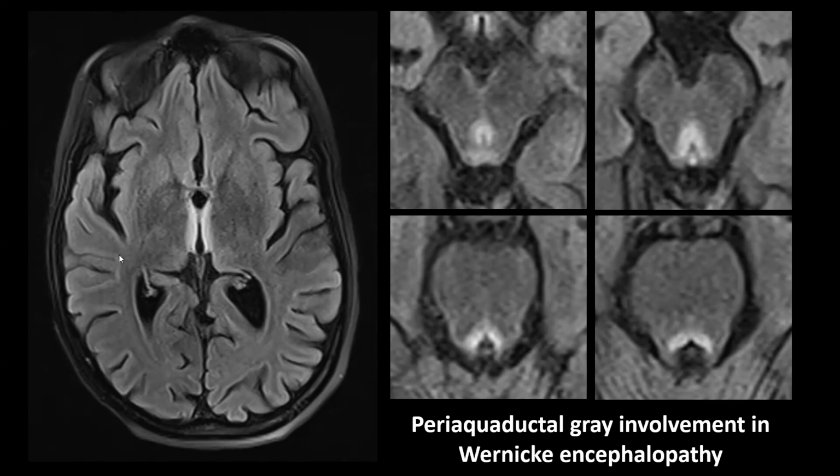Wernicke encephalopathy is, as you know, a toxic metabolic disorder caused by a vitamin deficiency, a thiamine deficiency, vitamin B1, and it's typically seen in alcoholics who then present with acute confusion, ataxia, nystagmus as the main symptoms, and these patients typically have areas of edema medially in the thalamus and hypothalamus, as we can see here, and when the brainstem is involved, these abnormalities are typically located at the region of the periaqueductal gray matter, as we can see especially on these two upper images through the midbrain.